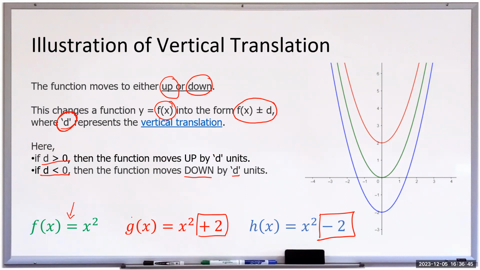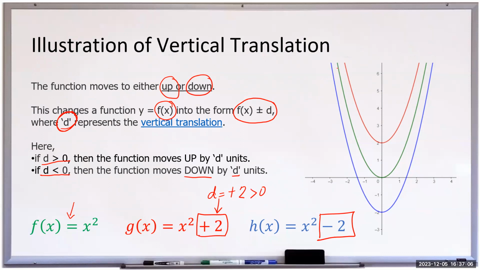So what that means is, since g of x is equal to f of x plus 2, my d here is positive 2. Since d is greater than 0, then the function moves up. So what does that imply in the graph?